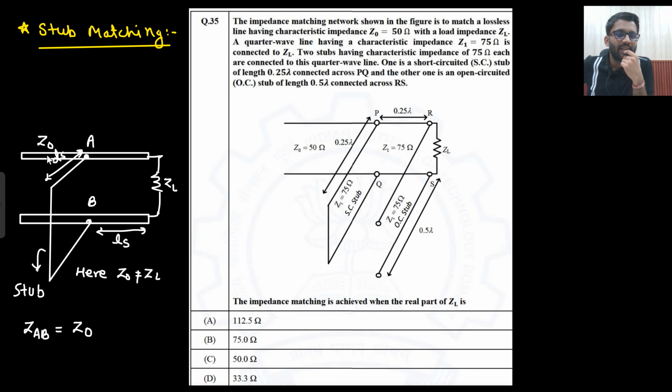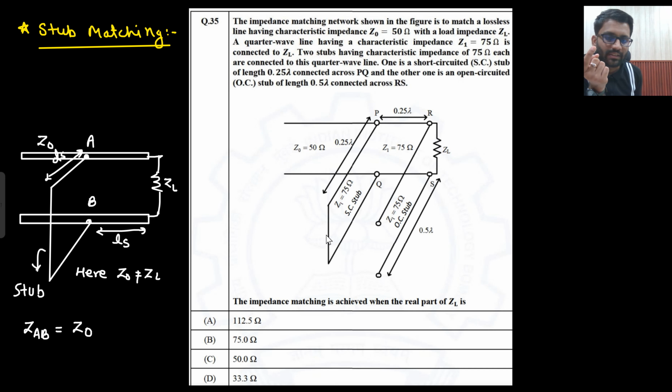In the GATE examination, this kind of question was asked. What are they saying? The impedance matching network shown in the figure is to match a lossless line having characteristic impedance Z0 equal to 50 ohm with load impedance ZL. So this Z0 should be matched with this ZL. A quarter wave line having characteristic impedance Z1 equal to 75 ohm is used here, connected to ZL.